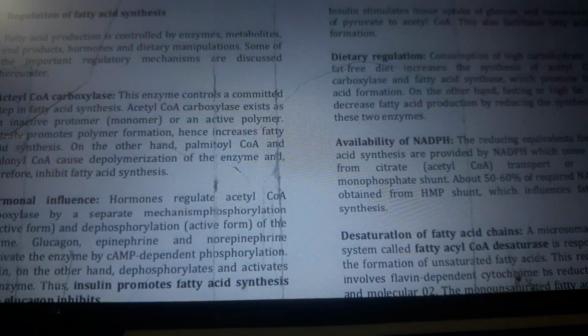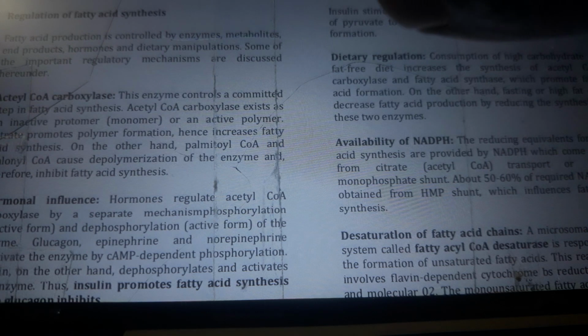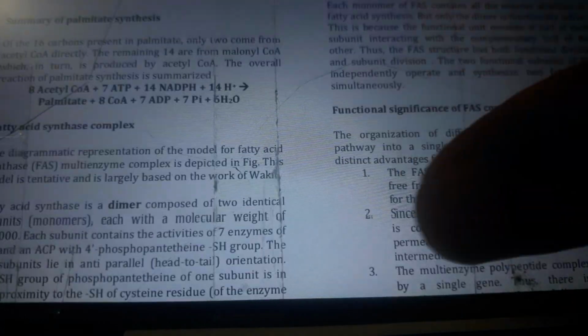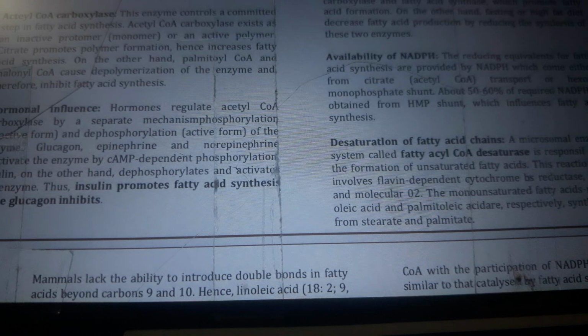Regulation of fatty acid synthesis. Fatty acid production is controlled by enzymes, metabolites, end products, hormones, and dietary manipulations. Some of the important regulatory mechanisms are discussed here. Acetyl-CoA carboxylase controls a committed step in fatty acid synthesis.